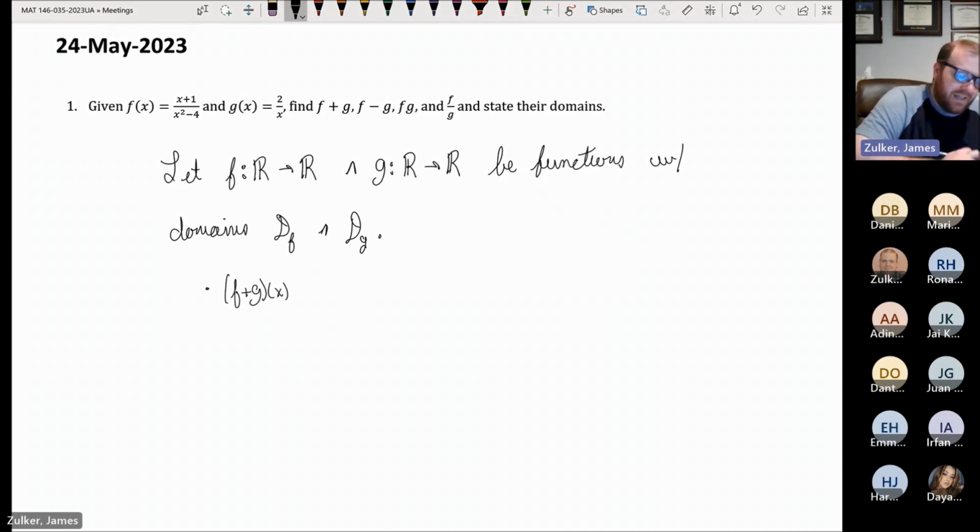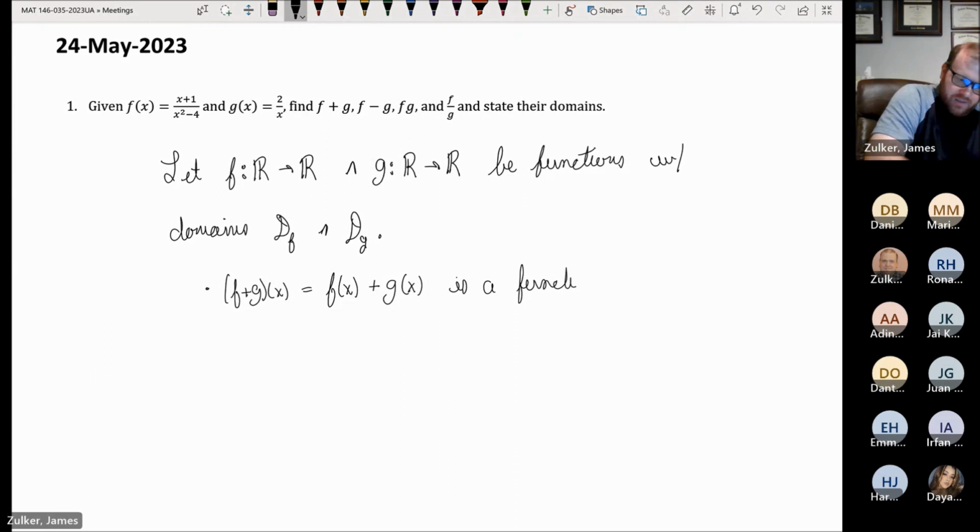So f plus g of x is f of x plus g of x. This is also a function.